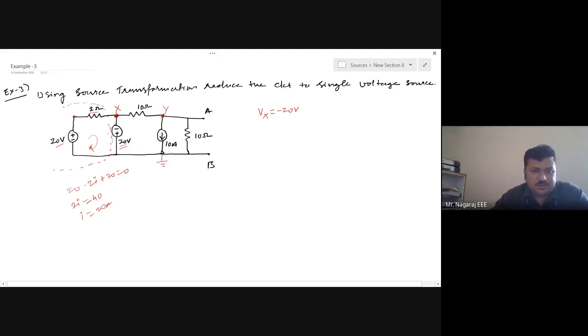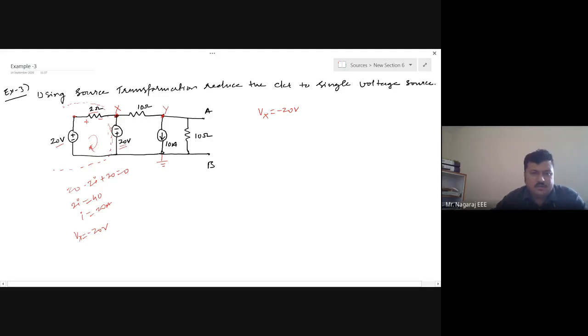Now what is the voltage value Vx? If I want Vx, I have to apply KVL from X to node. This will come in the later part of loop analysis. Now what is Vx? Vx is equal to minus 20 volts. Now the direction of current is clockwise. I will take it like this.